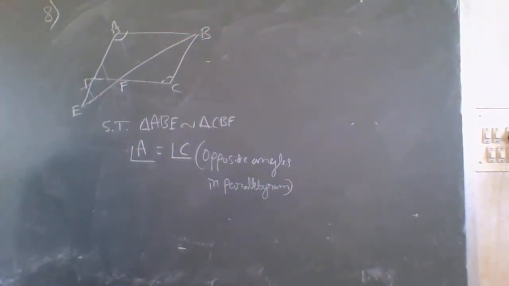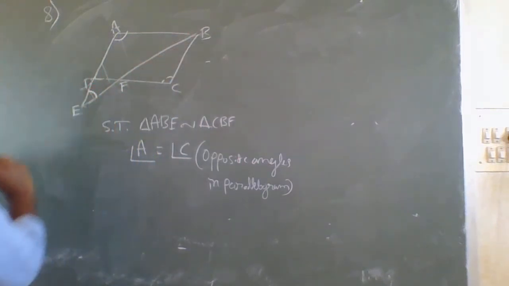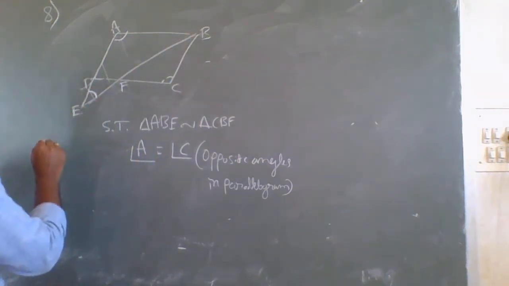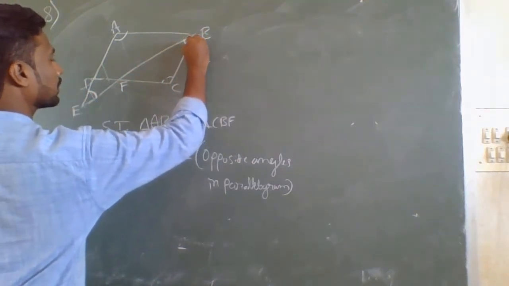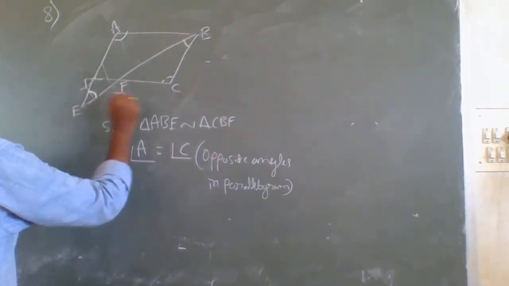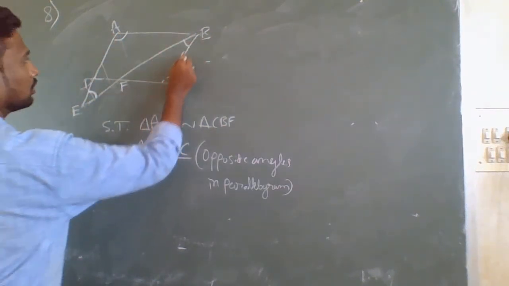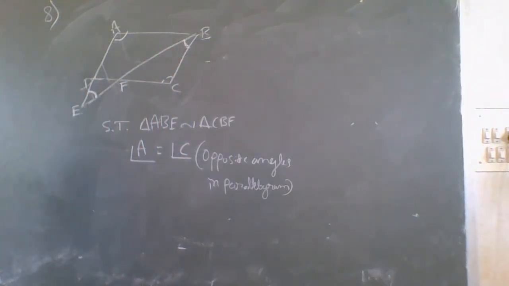Now angle AEB, this angle, is equal to angle CBF, this angle. Why are these two angles equal to each other?